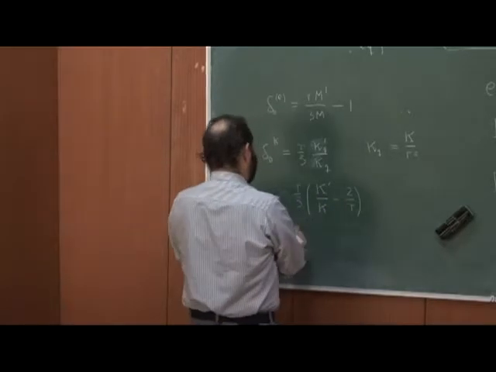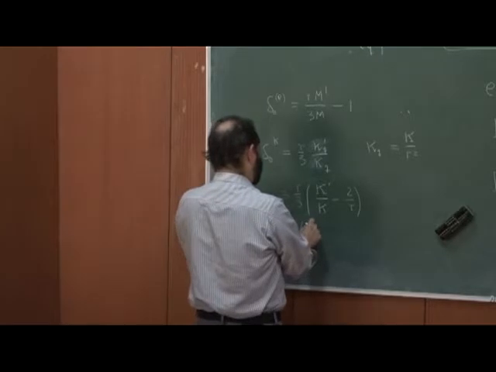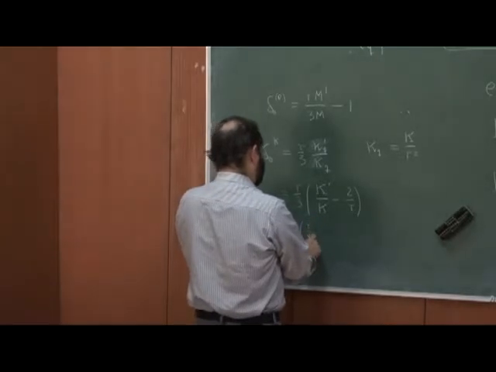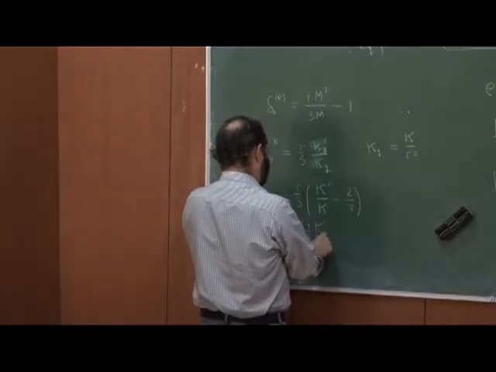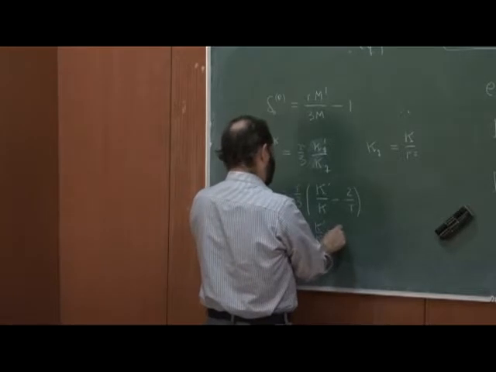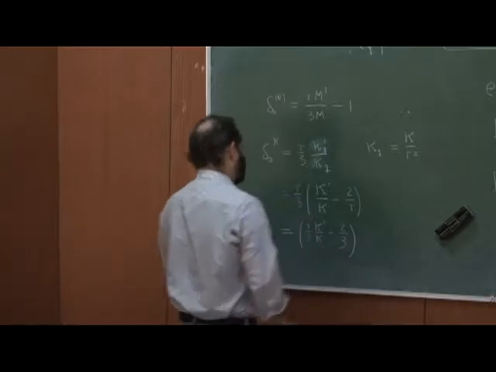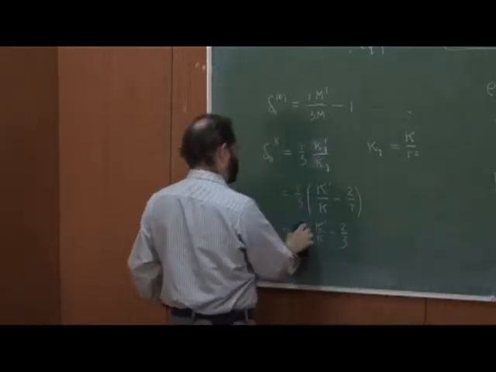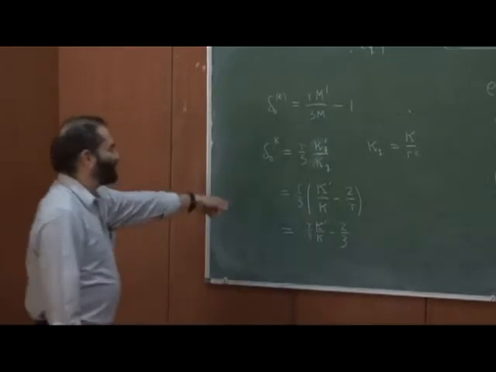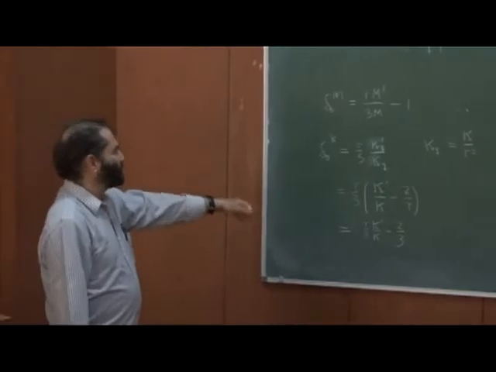So this will be delta K, right? It's very easy to find them.